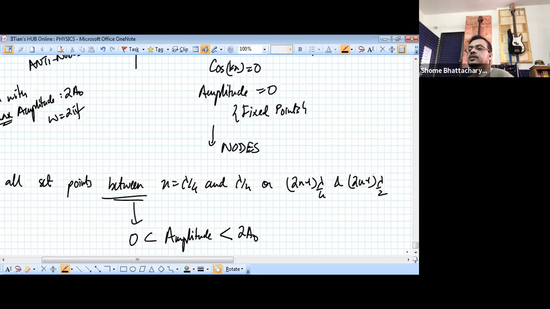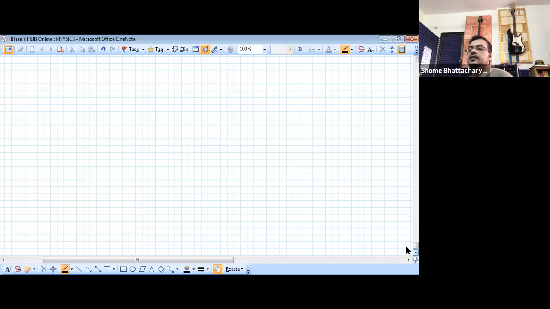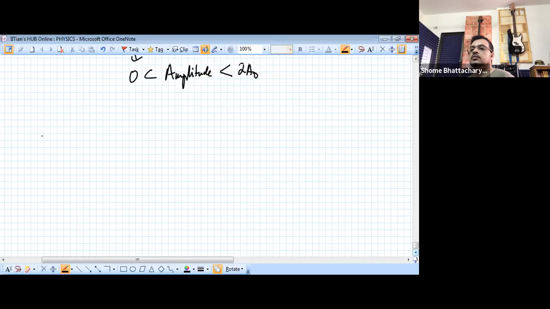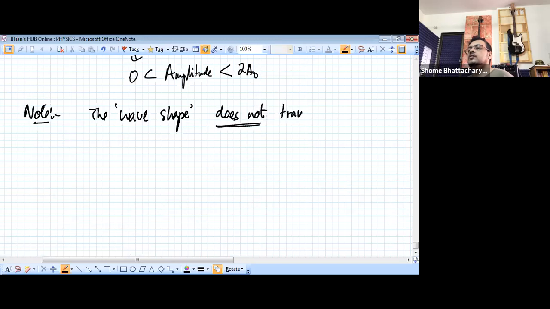So finally, looking at the snapshots, you can analyze and understand that the wave shape does not travel along the strip.